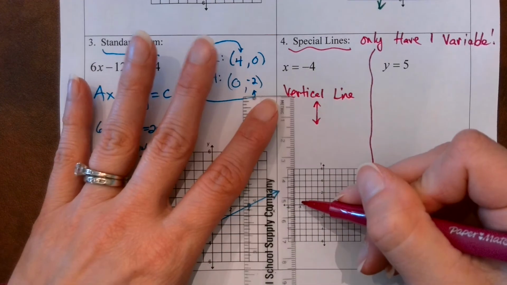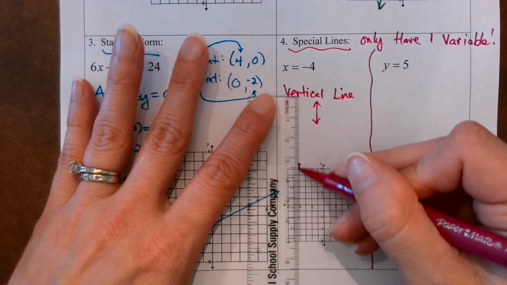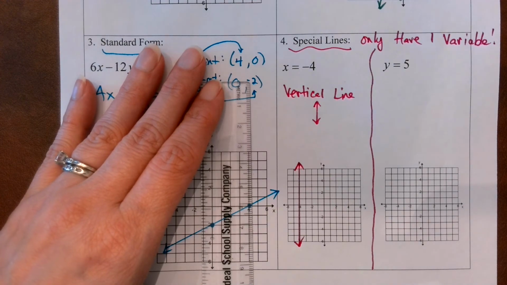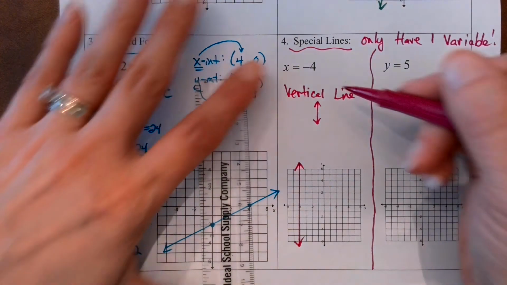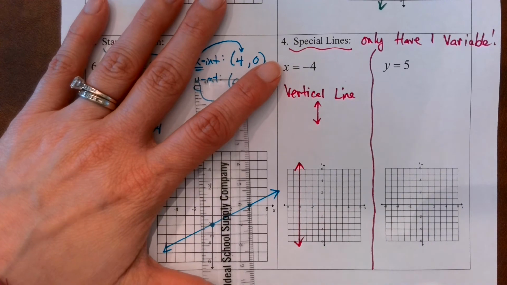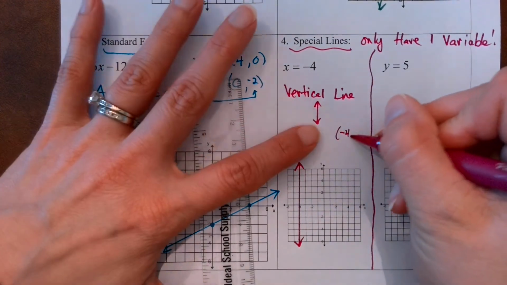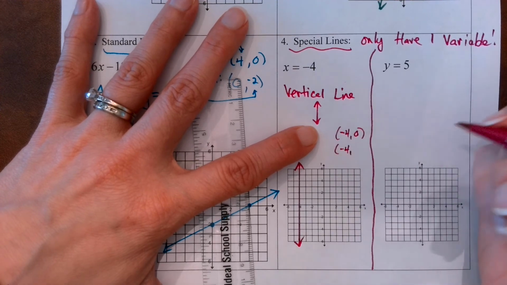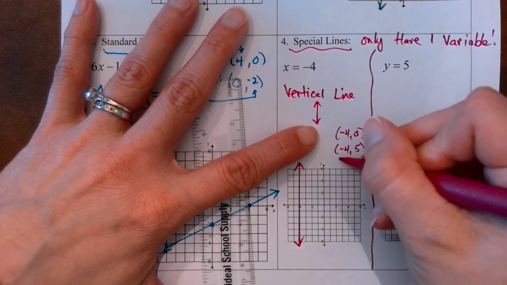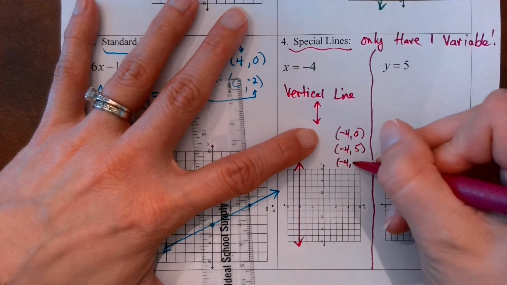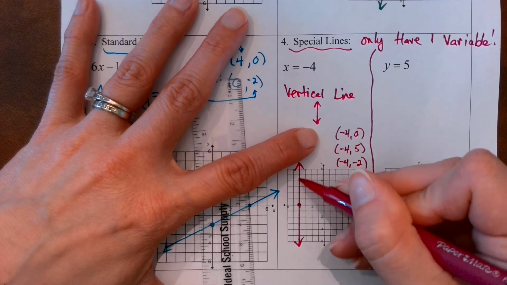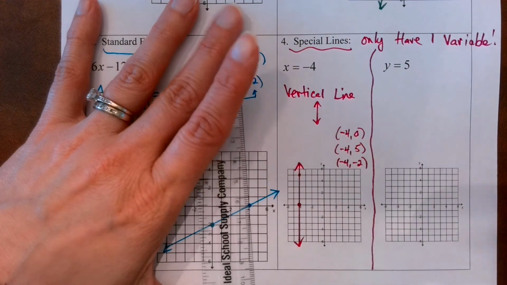So we're very quickly going to just draw a vertical line right there at -4. That's all you do. If this is tricky for you, you could do it the long way. You could say x is -4 and I'll make the y be 0. X is -4 and I'll make the y be a 5. X is -4 and I'll make the y be -2.